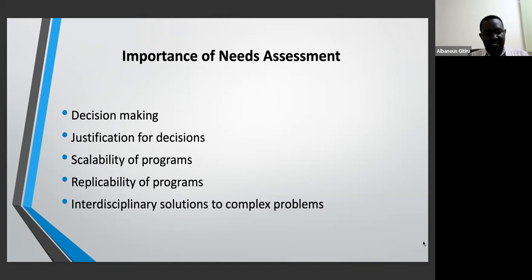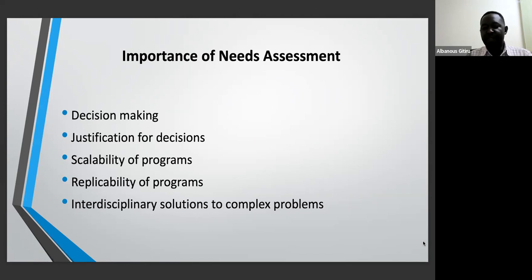The third bit is scalability of programs. There are times we implement programs, but at a very small level. We call them pilot programs. So after you have implemented the pilot program, you look at evaluation and monitoring of the entire program with a view that you can make it bigger.